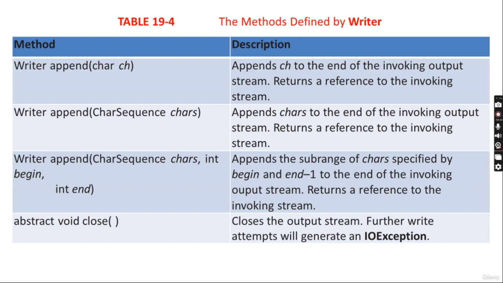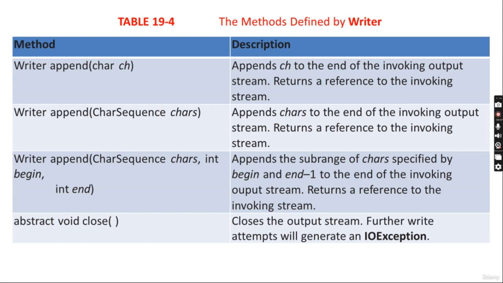Okay. The methods defined by Writer. Writer append(char ch) appends ch to the end of the invoking output stream, returns a reference to the invoking stream. Writer append(CharSequence chars) appends chars to the end of the invoking output stream, returns a reference to the invoking stream.